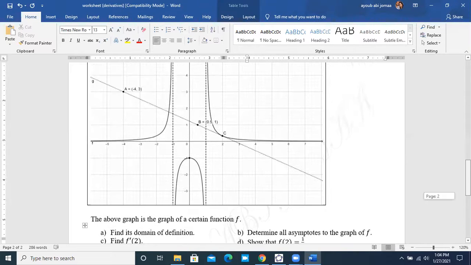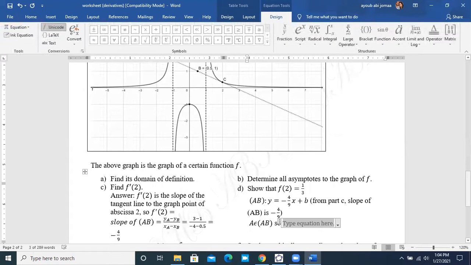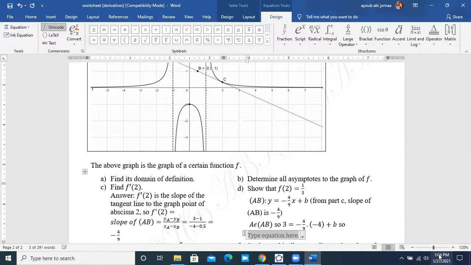What are the coordinates of A? Replace x by negative 4, y by 3. So 3 is equal to negative 4 over 9 times negative 4, plus b. So what will be the value of b? Use your calculators: 3 minus 16 over 9.